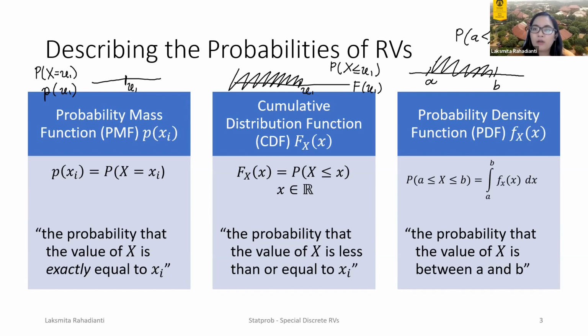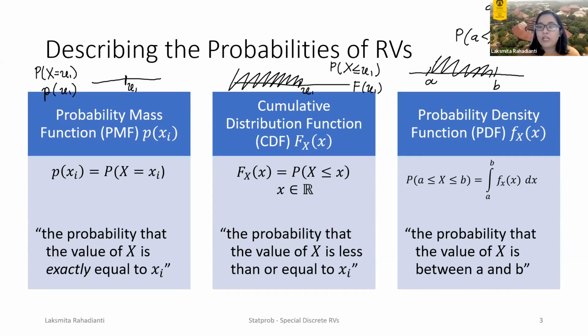We already discussed this in class. It's the same if I use equals on the a part or the b part, because the probability at one certain point is always equal to 0. So it doesn't matter if we use the equals here or not.